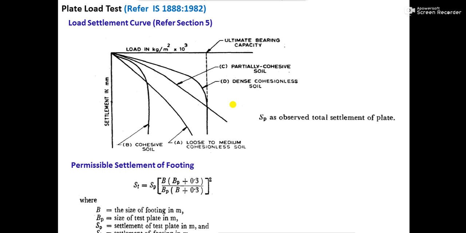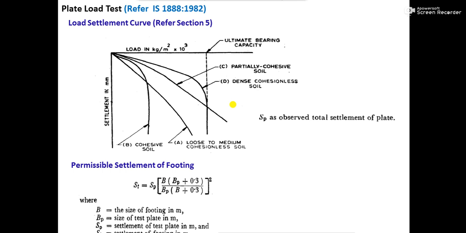That means a relationship can be established between the settlement of the footing and the settlement of the plate. And in that relationship, you will have to use the width of the footing and the width of the plate, or breadth of the plate.